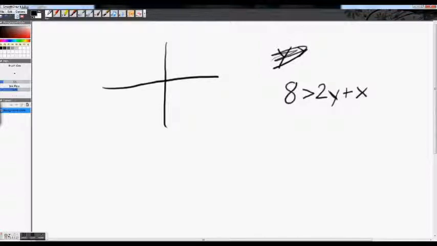Now, again, subtract x from both sides. Let's change the inequality a bit.